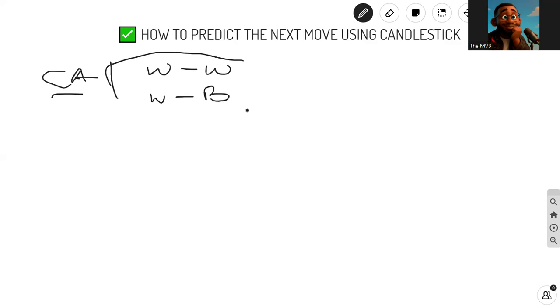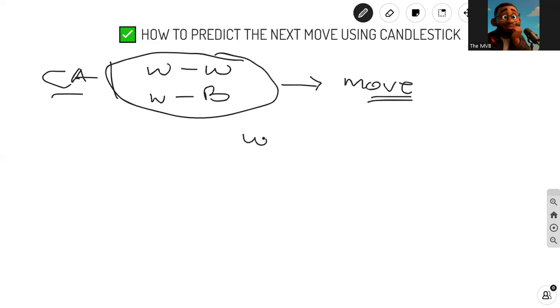Now, these are what I use to predict the next move. Now, how do I use it? Very simple.